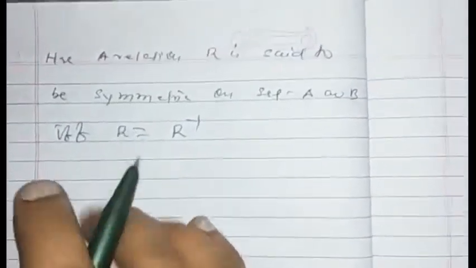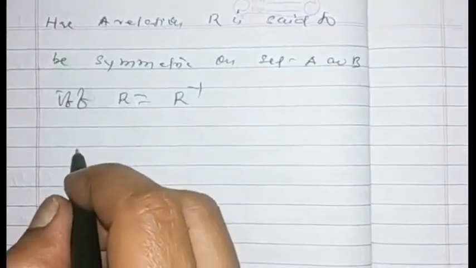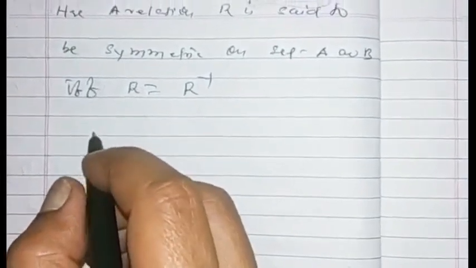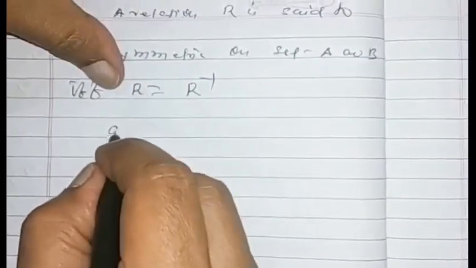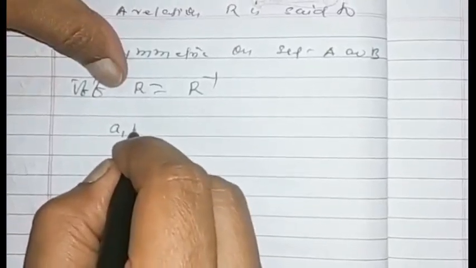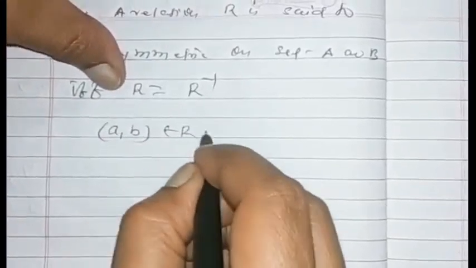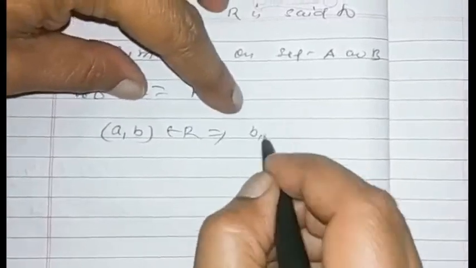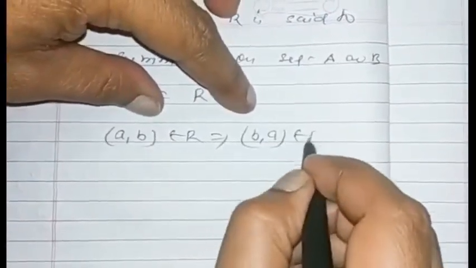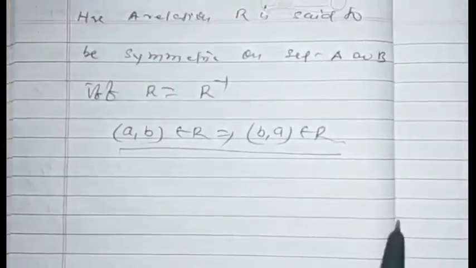This is the meaning. Suppose a relation R is said to be symmetric if an ordered pair (a,b) belongs to R, then (b,a) belongs to R. This is the condition for a symmetric relation.